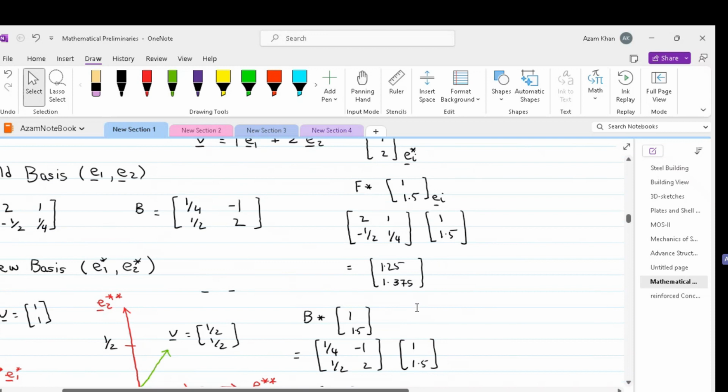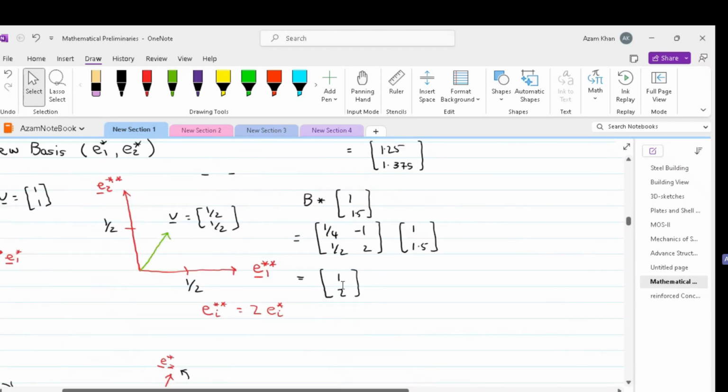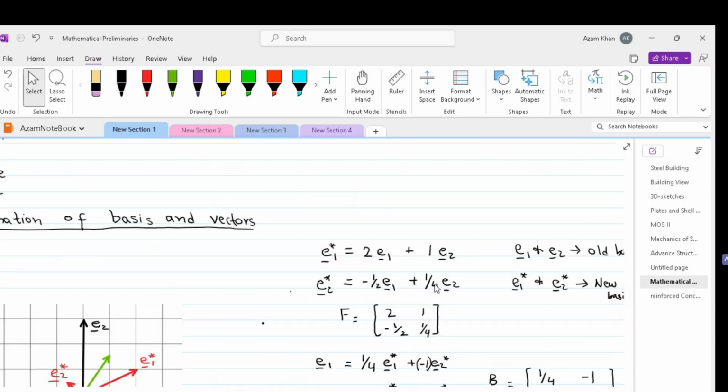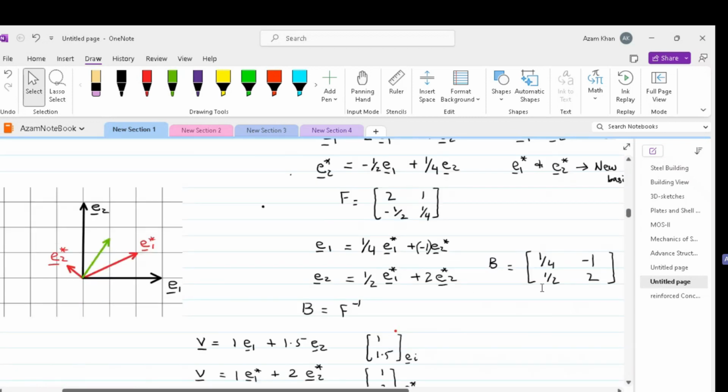Whereas if we multiply the backward transform with the old components, we find the exact component of the vector in the new basis. So there is a clear question in mind. Why in the case of bases, does the forward transform help us transform the old bases into new bases, and the backward transform helps us transform the new bases into old bases.